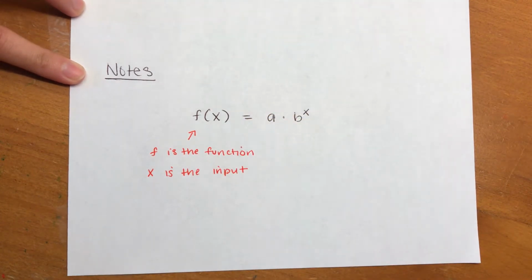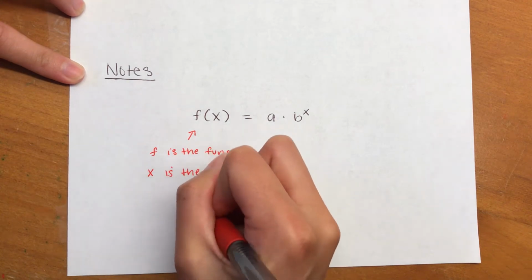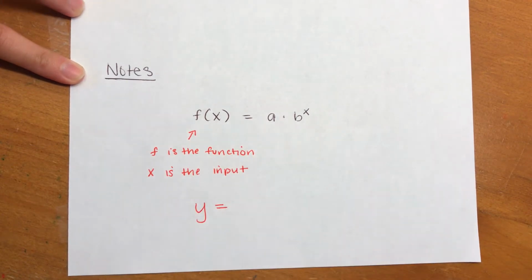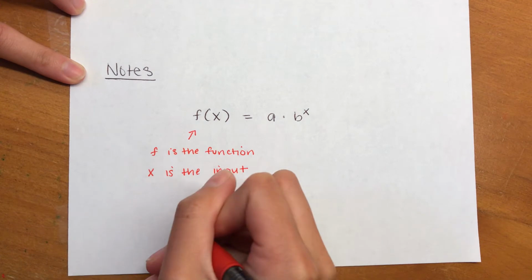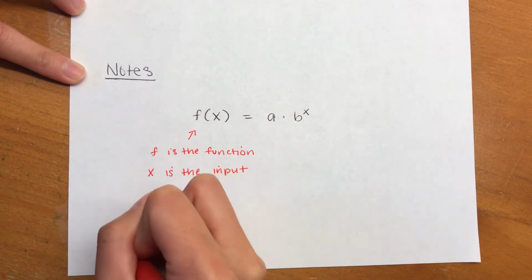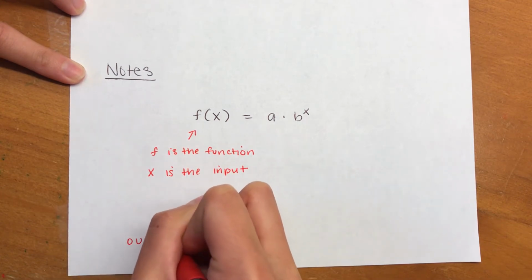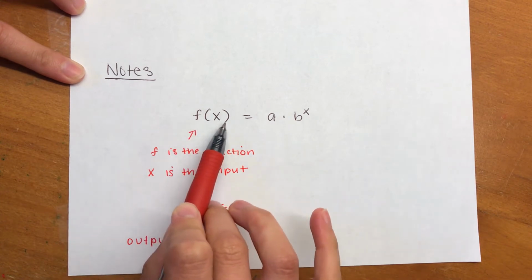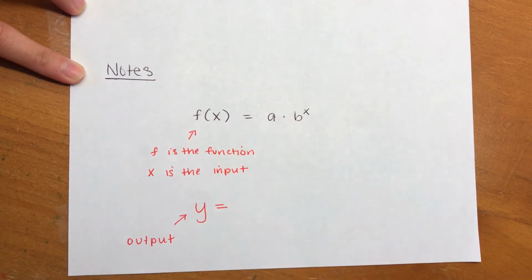Now, another way you might see an exponential function would be y equals. Then we would say y is the output, right? Or f of x, that whole thing would be our output in that notation.